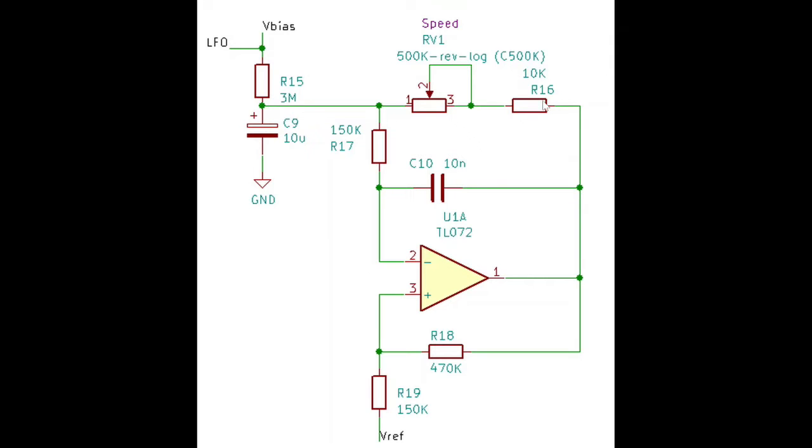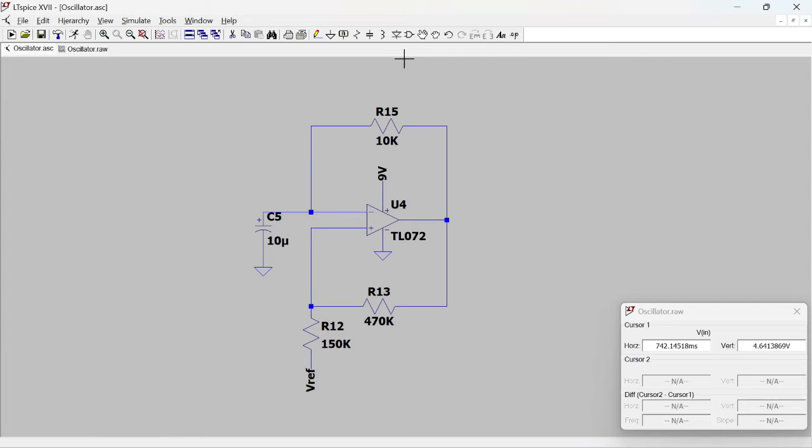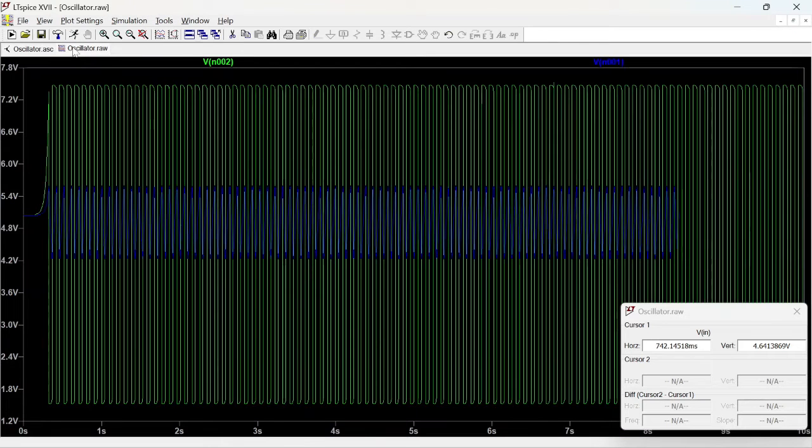You can change this. It doesn't really matter, it's up to you how far you want to go. What's the highest frequency you want to get? But at the top end, it goes to 500K. So this is where the speed goes.